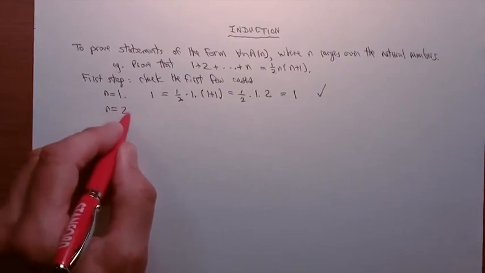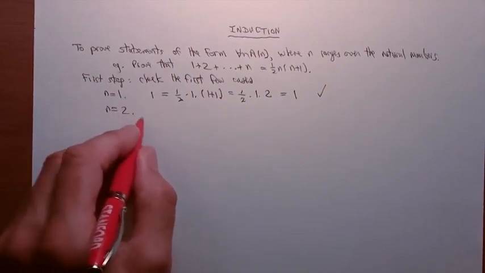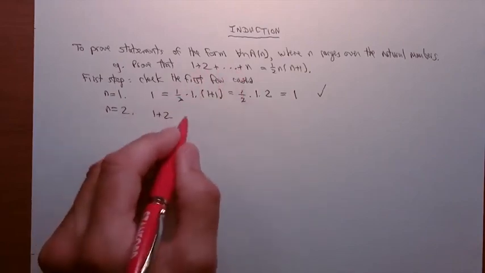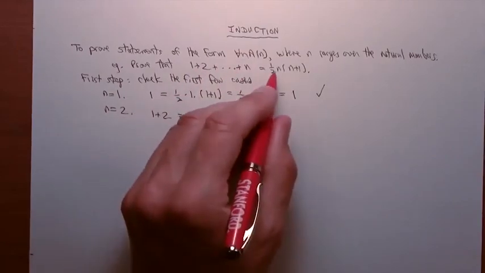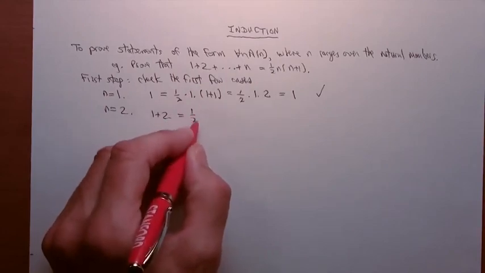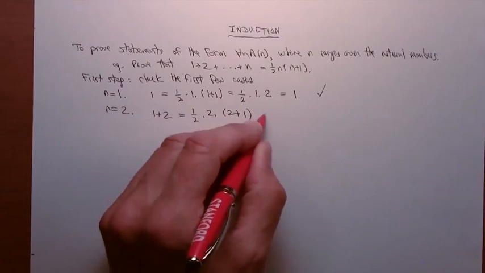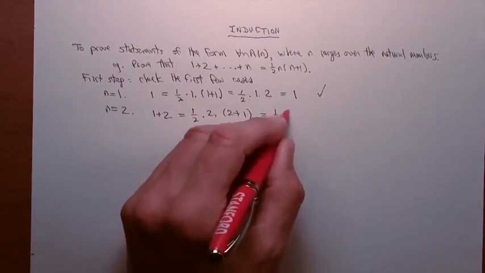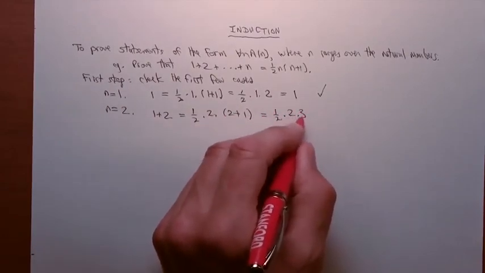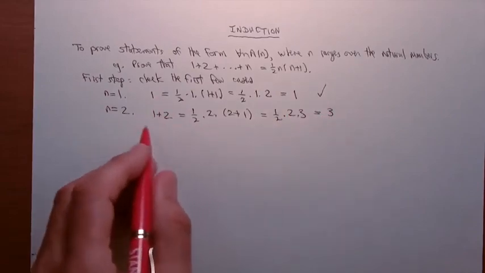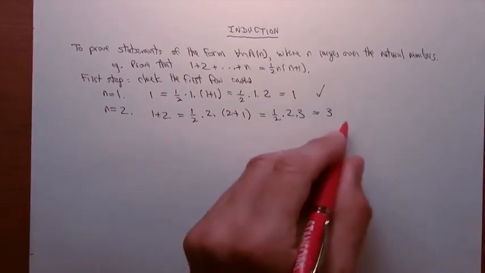In the second case, n equals 2, what do we have? We have 1 plus 2 as the left-hand side, equals, putting n equals 2 here, a half times 2 times 2 plus 1, which is a half times 2 times 3, so we've got 3, and 1 plus 2 does equal 3.